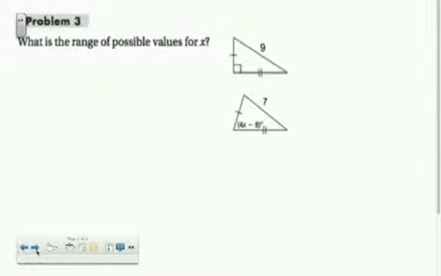All right. In problem 3, we're being asked for a range of possible values for x. Once again, notice that these two triangles have two pairs of congruent sides. However, their third sides are not congruent. So what then would be the relationship between that 4x minus 8 and the 90?